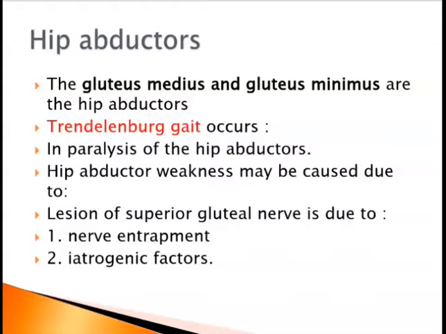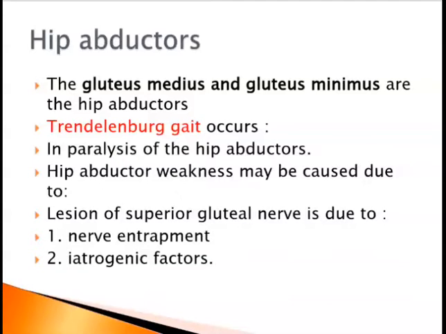Coming to hip abductors, the gluteus medius and minimus are the hip abductors. The Trendelenburg gait occurs in the paralysis of hip abductors. Hip abductor weakness may be caused due to lesion of superior gluteal nerve.